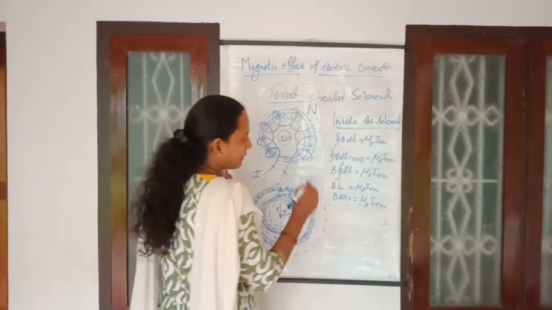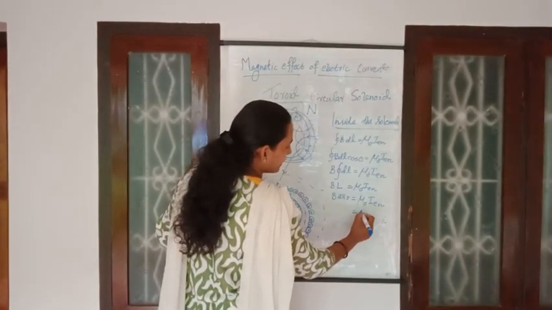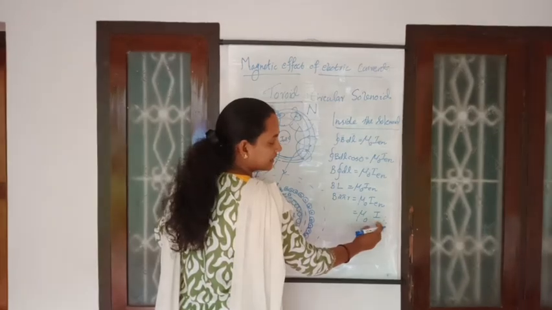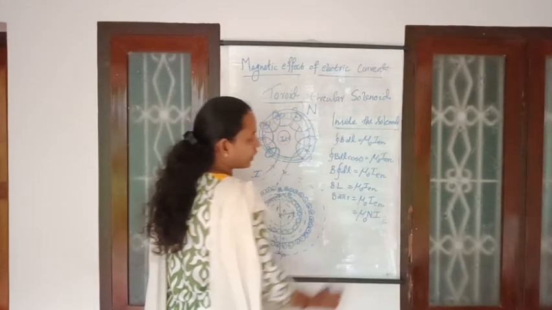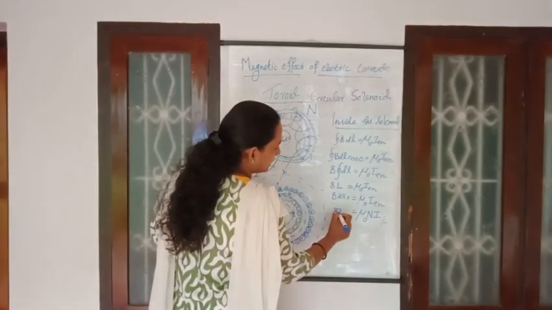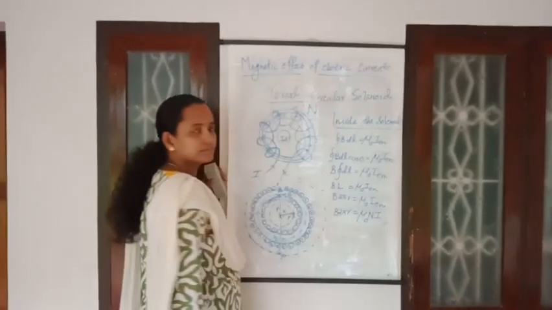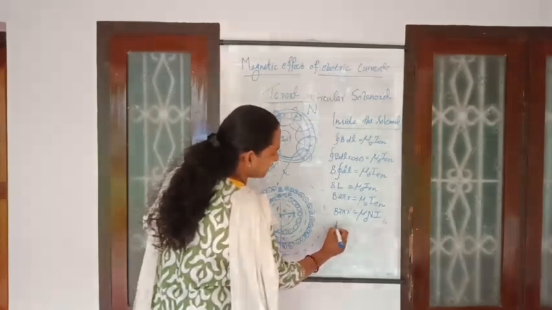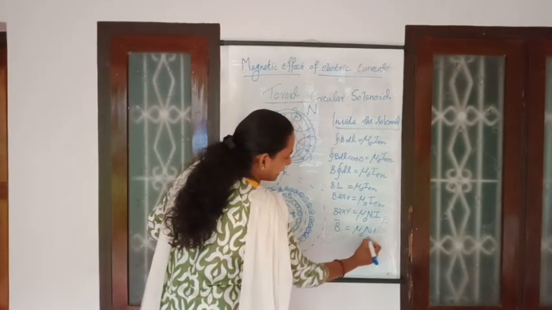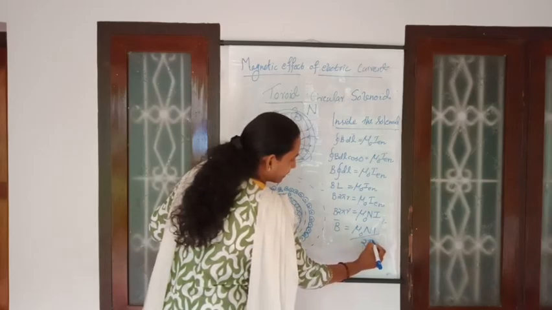I is the current passing through a single turn, so through N turns the total current is capital N into I. This is equal to B into 2 pi r. So B is equal to mu 0 N I divided by 2 pi r.